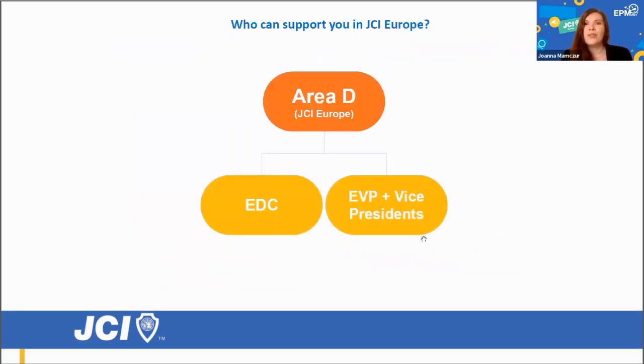So who can support you in JCI Europe? As you may know, JCI Europe is the so-called Area D. You can reach out here to EDC, that is the European Development Council, as well as to the vice presidents who are coordinated by the executive vice president assigned to Europe.